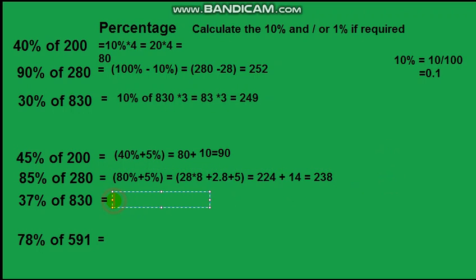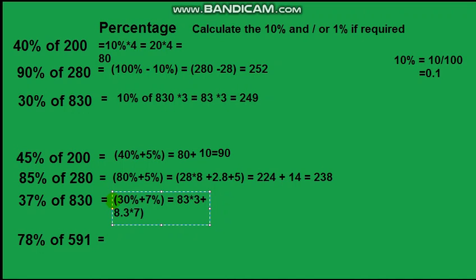Now to calculate 37% of 830, how can we write this? We can write this as 30% plus 7%. What is 10% of 830? It's 83 multiplied by 3, plus, what is 1%? 8.3, multiplied by 7.